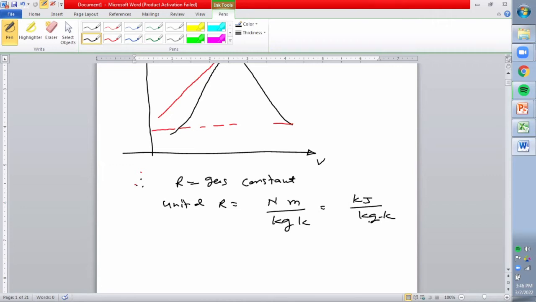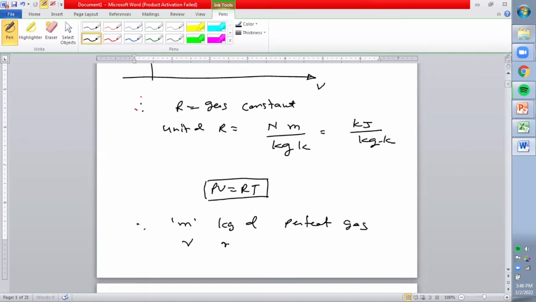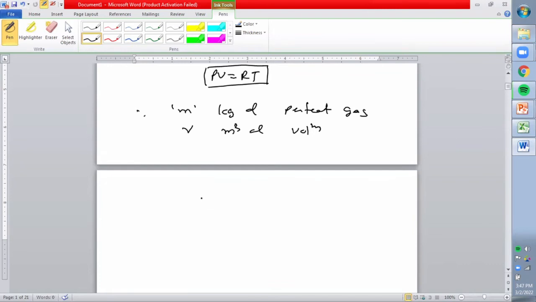So we can write the relation PV is equal to RT for 1 kg of perfect gas, and for V meter cube of volume, we can write PV is equal to mRT. Are all of you with me? Yes or no?